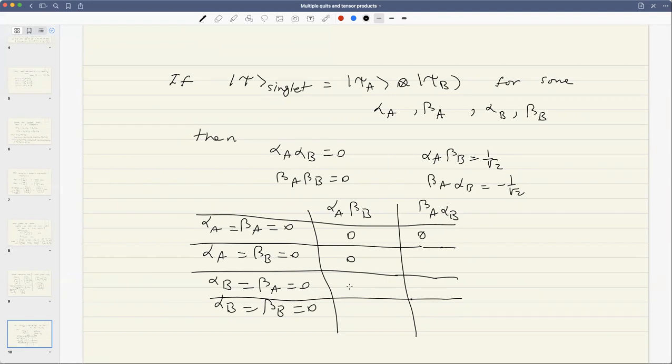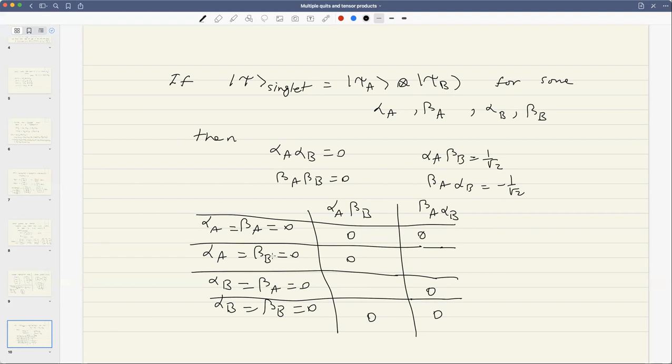Now let's go to this case. Alpha B is 0, so that's 0. This we don't know. And then in this case, alpha B is 0 and beta B is 0. So these are both 0.